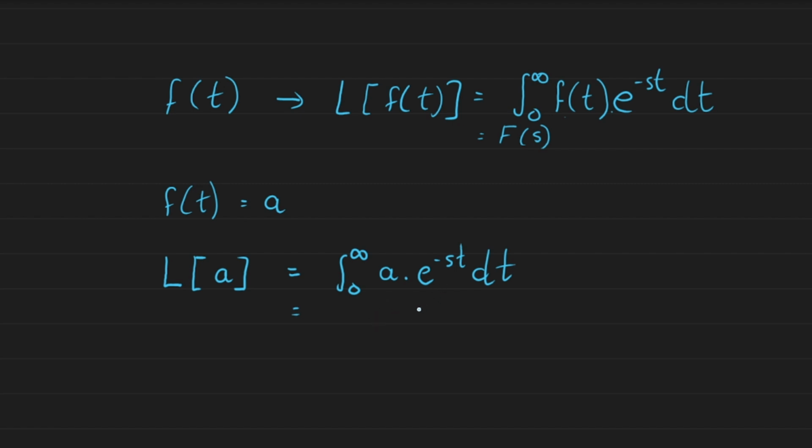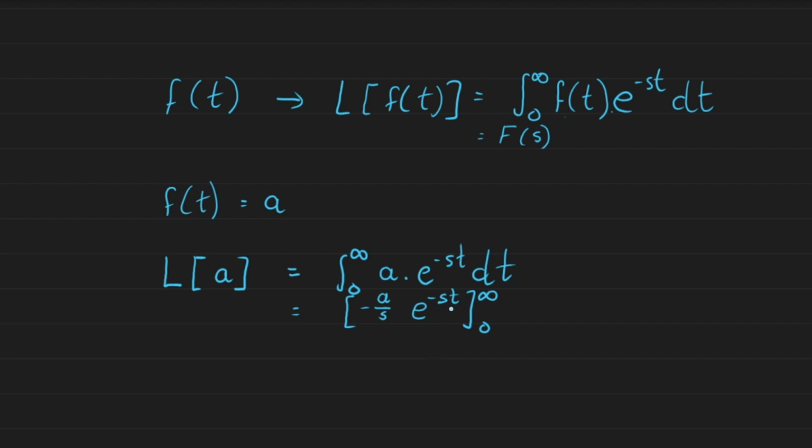The integral of e to the power minus st is e to the minus st, and we have an inner function, so we have to account for that. We bring that out, so we have a over s. This minus s is the constant. And then we're integrating this from 0 to infinity.